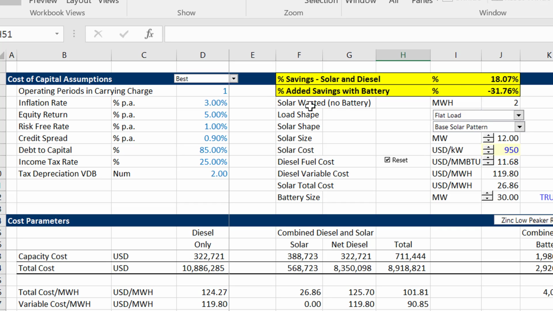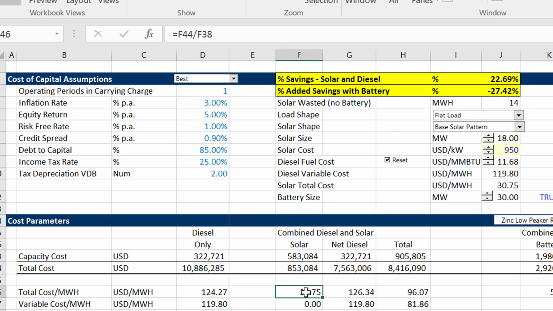Look, it says solar wasted, if we don't have a battery. And as we put more and more solar in, it's actually giving us a better savings.